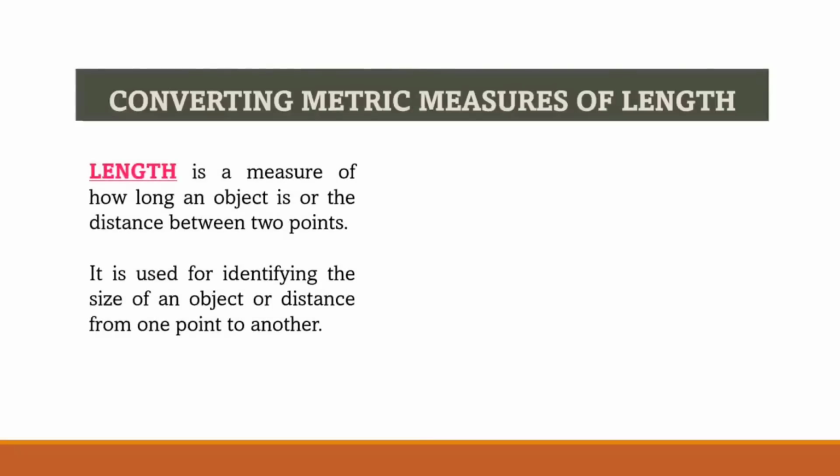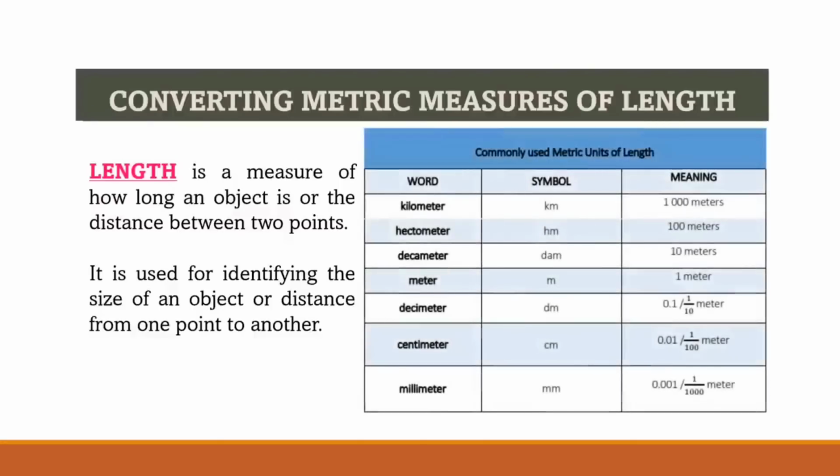We start by converting metric measures of length. When we say length, it is a measure of how long an object is, or the distance between 2 points. Our commonly used metric units of length are kilometer, hectometer, decameter, meter, decimeter, centimeter, and millimeter.